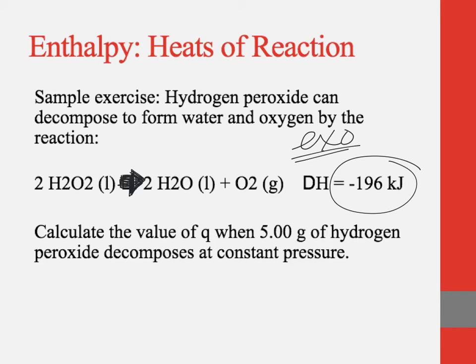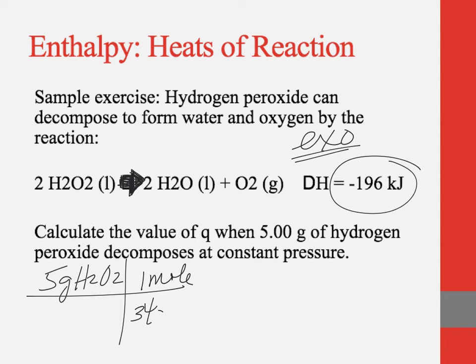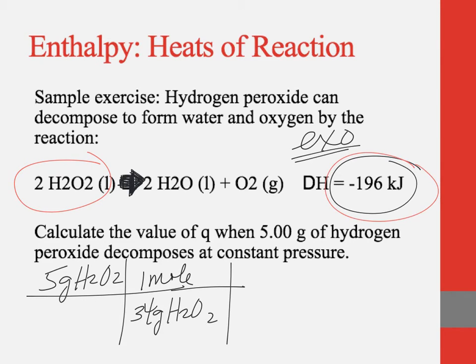So we're starting with 5 grams of H2O2, and we know that 1 mole of H2O2 approximately has a mass of 34 grams. I'm rounding here just for instruction. What do we also know? We also know that when we have 2 moles of H2O2, that this much energy is released. So we're going to use that as a conversion factor.